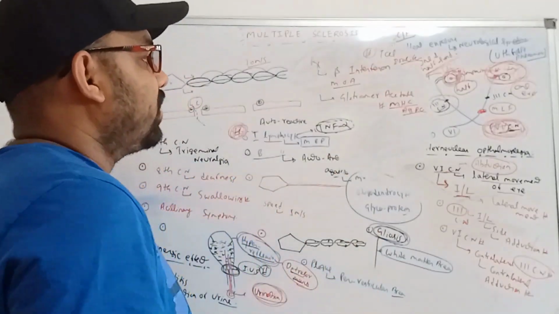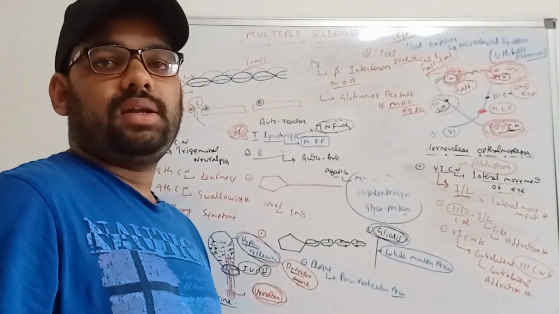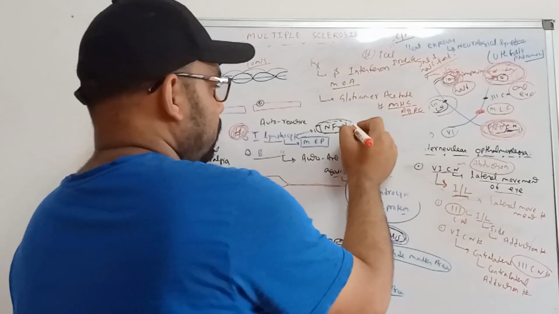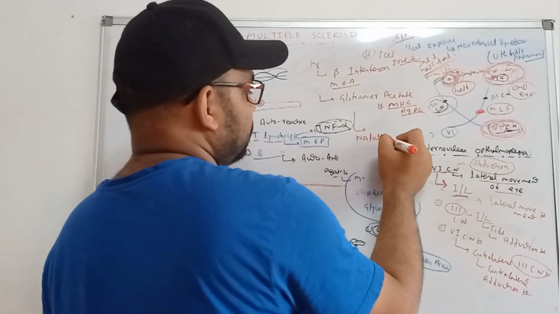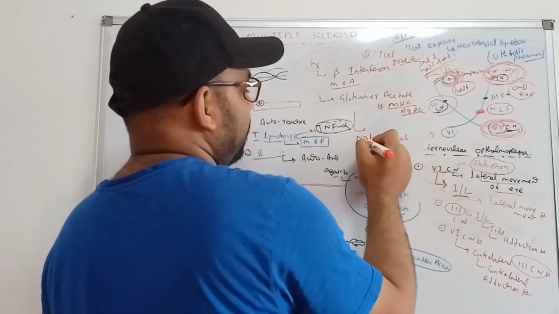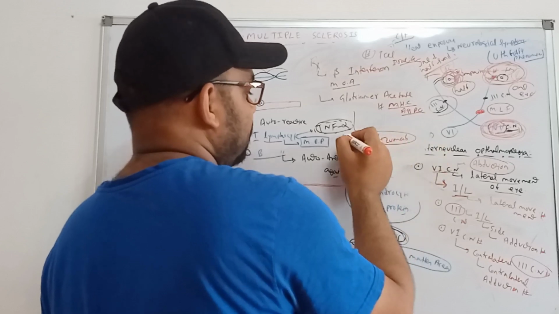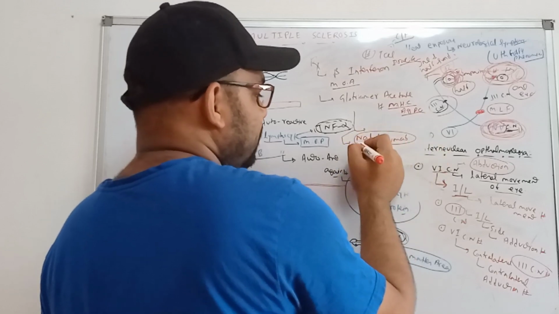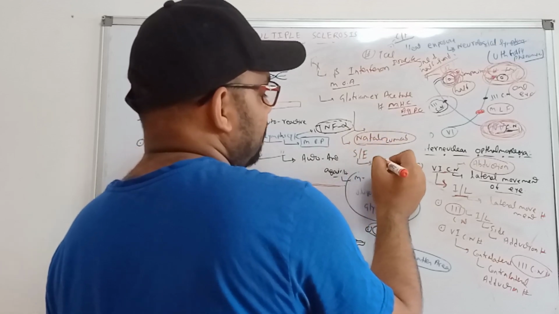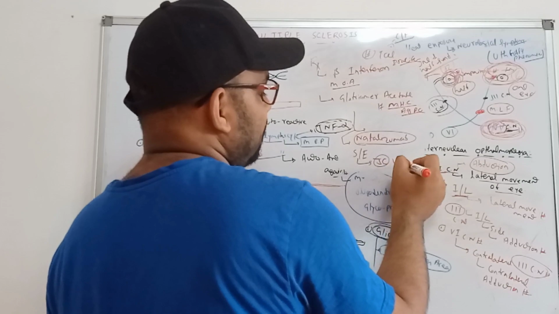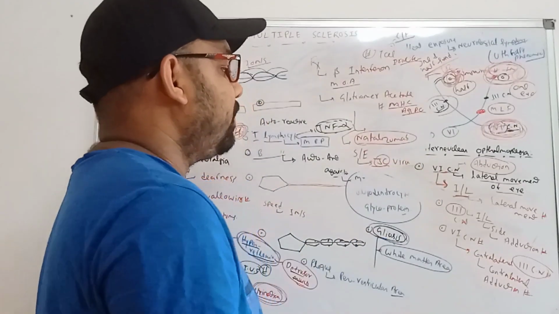The third line drug we can use over here is natalizumab. Natalizumab is also one of the important drugs, but the side effect of this drug is that it can increase the infection of JC virus, that is John Cunningham virus.